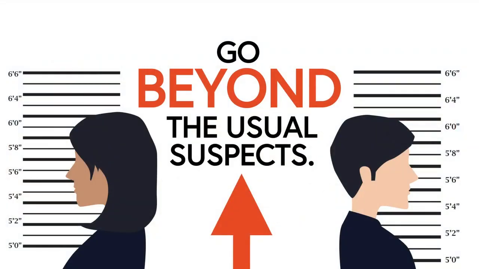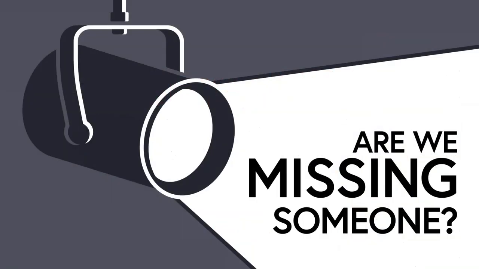So going beyond the usual suspects should mean going beyond that list we just went over of who reads your documents. I would encourage you, if you have a pen and paper now, to think about who else we might be missing, and jot down their name.